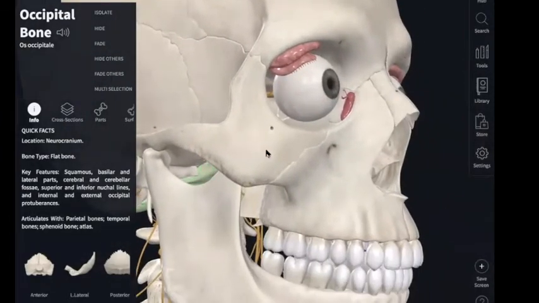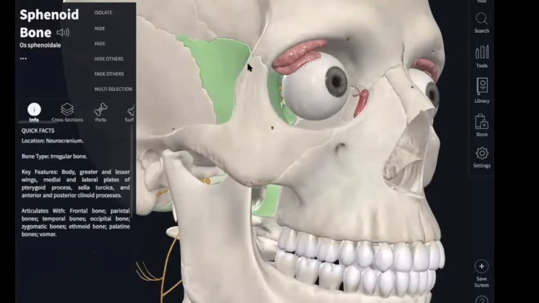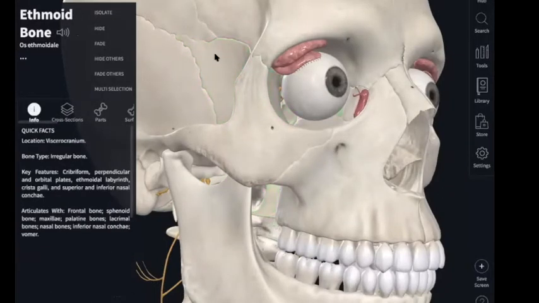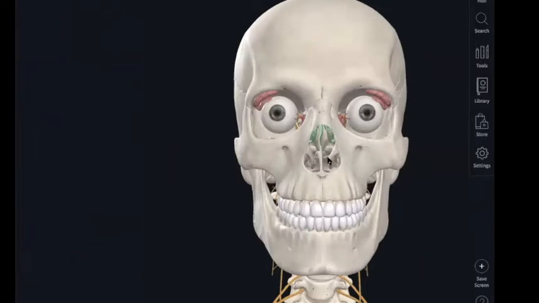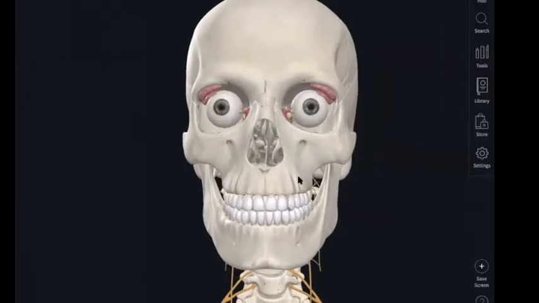And these ones that are inside, which we'll see more when we open up the skull or look at different views, are the ethmoid and sphenoid. These are part of your skull bones, your cranium.